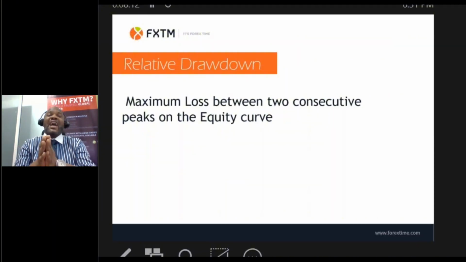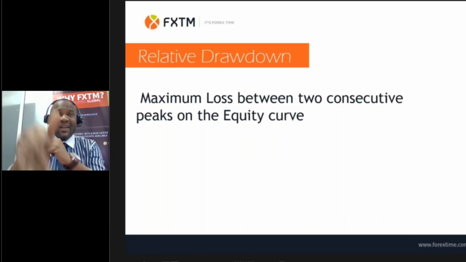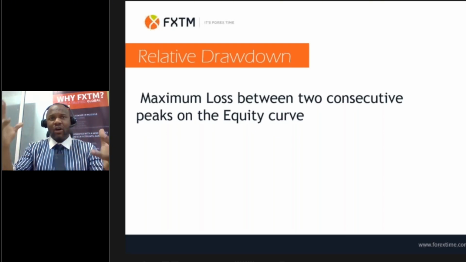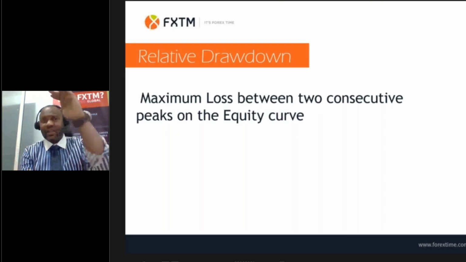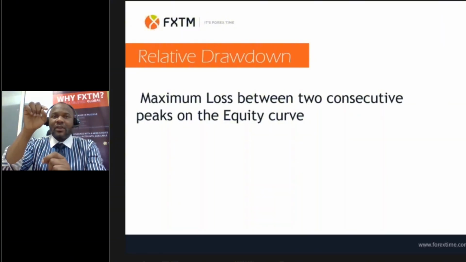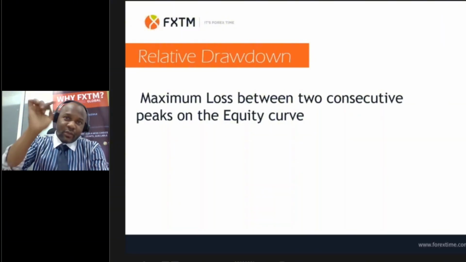So if the guy has a very large loss, it shows in the balance curve, and therefore maximum drawdown might capture it. But if that guy has a terrible trading habit, such that he allows a loss to run for a large amount of pips or points, and eventually he closes in profit, even though he closes in profit, relative drawdown will capture that trading pattern.